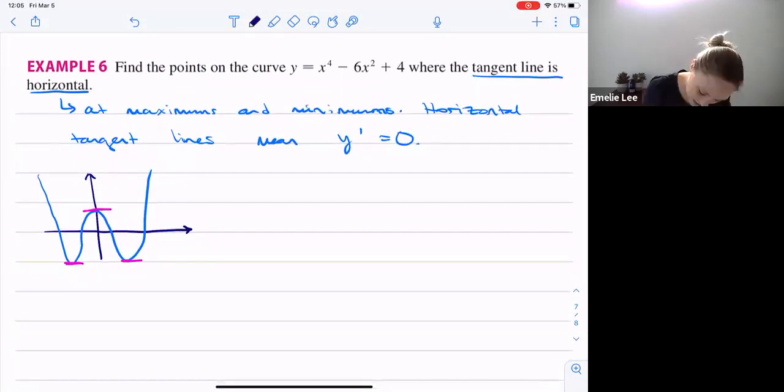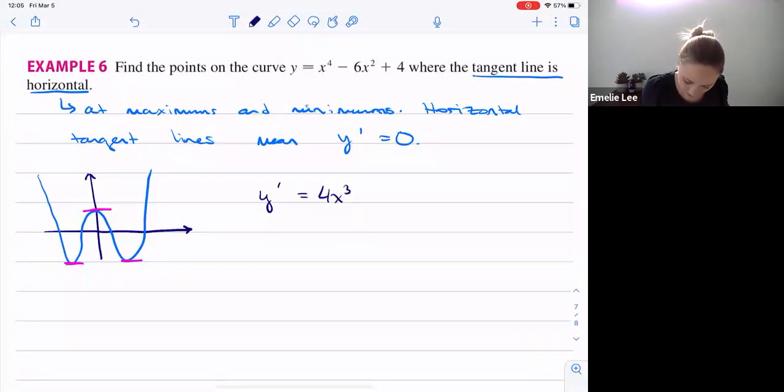So what I can find is that if I have this function, let's just use prime notation, get a little lazy. Y prime is going to be 4x to the 3 minus 6 times 2 is 12x plus 0.